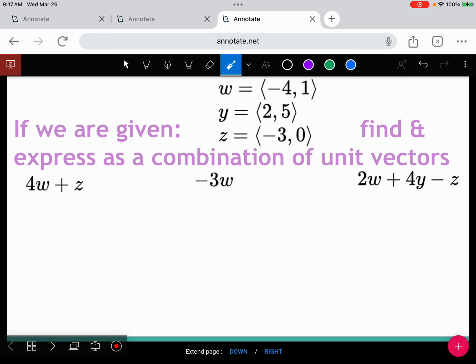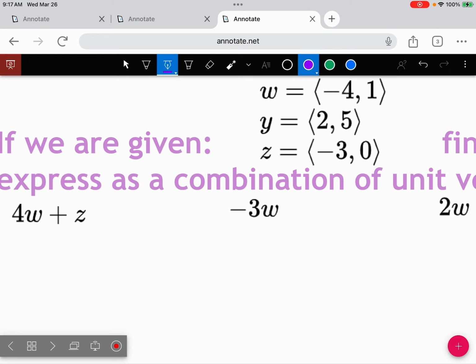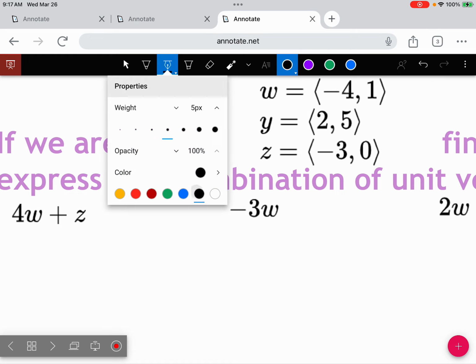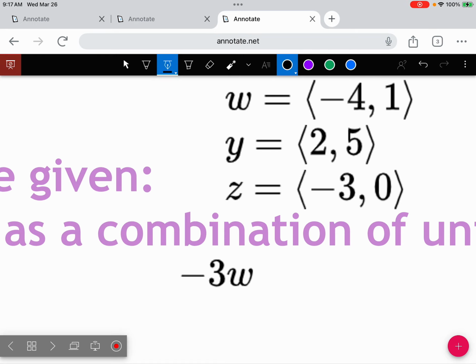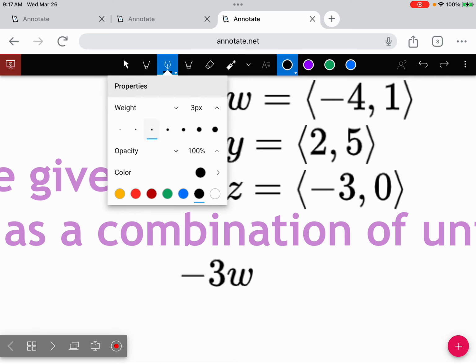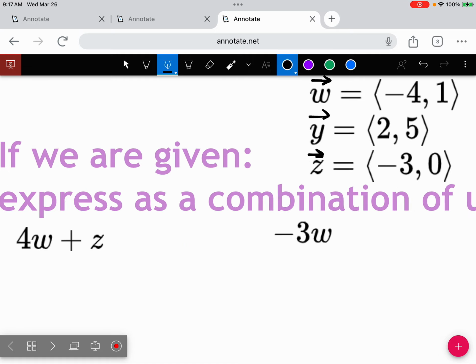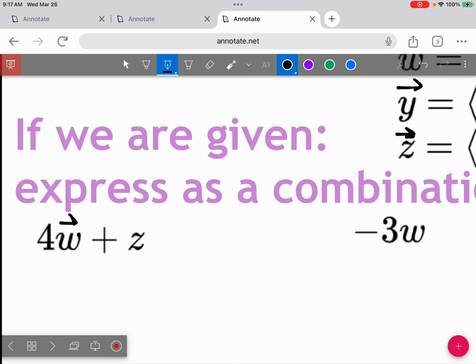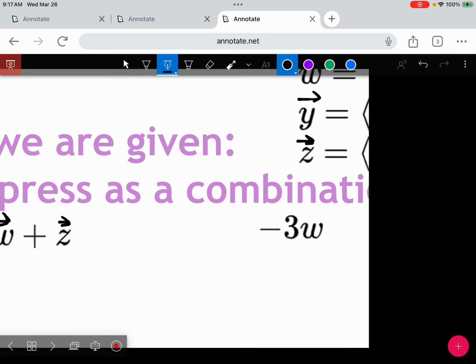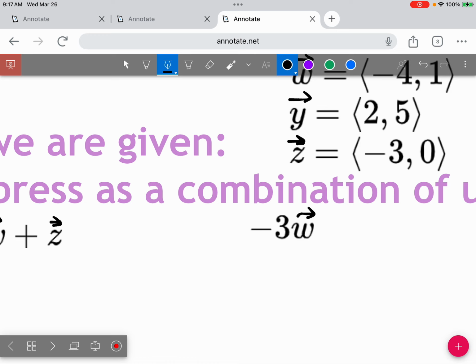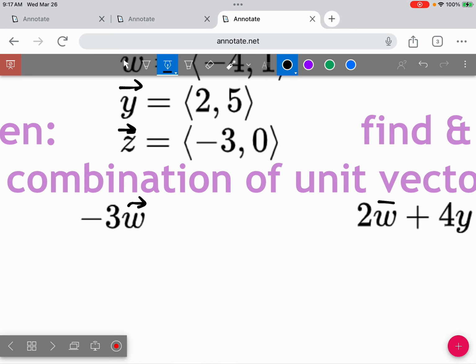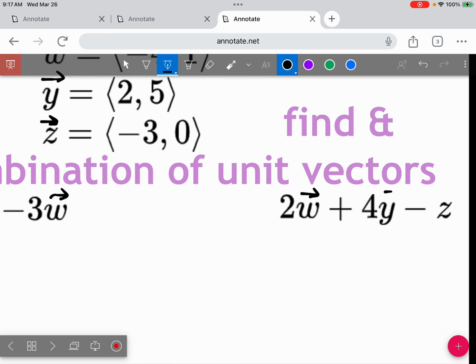So we've got vector w, that is the component form of -4, 1. And again, these should all have the little arrow at the top, but my formatting went a little wonky. Our operations aren't always going to have the arrow over them, but I'm going to put them on here.